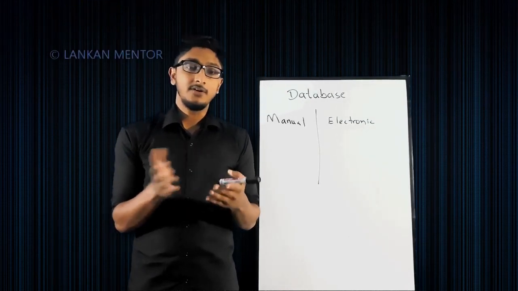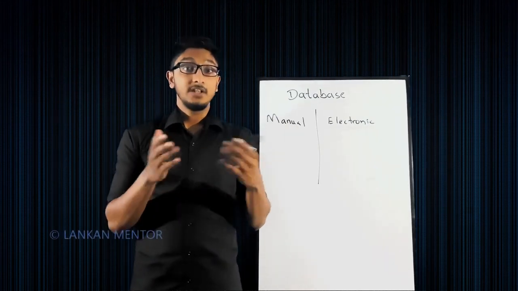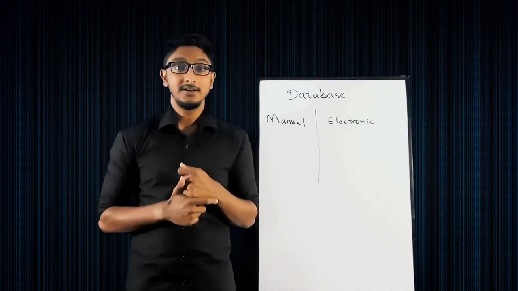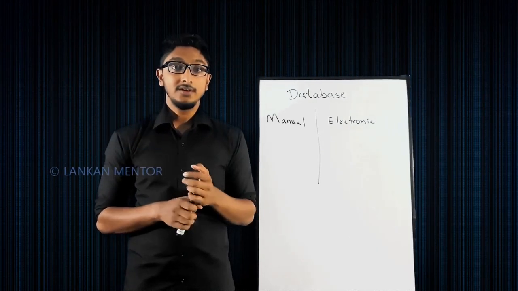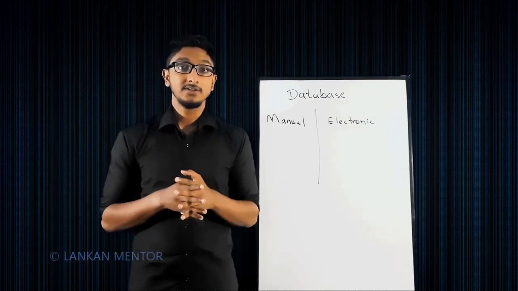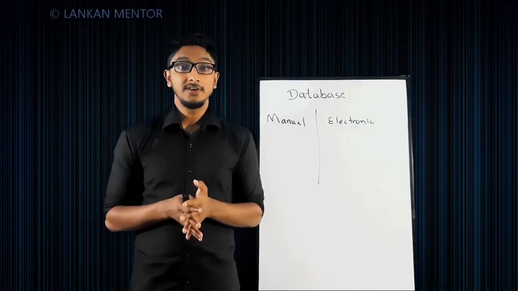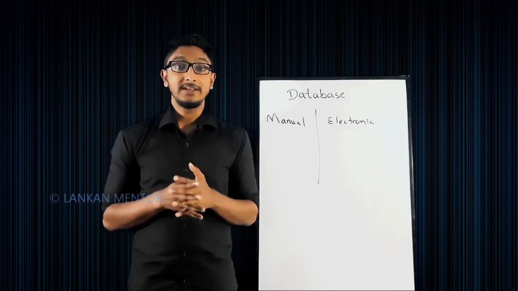You don't have to keep on going through manual files. If it is in the manual database, then you will have to go through many files to find a particular data, right? Let's say you are out of school. You have gone out of school after A-levels, and after around 5 or 6 years you are coming back to get your leaving certificate and your birth certificate. So what would be the case now?